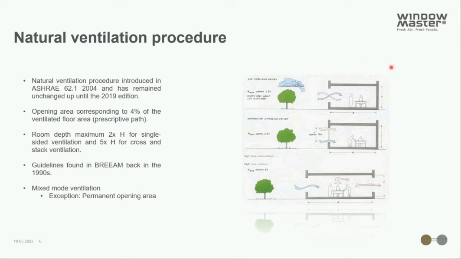So this doesn't take into account the ventilation strategy we're using. The depth of the room is based on whether you have single-sided or cross and stack ventilation. For a single-sided ventilated room, we can have a maximum depth of 2 times the room height, while for a cross or stack ventilated room, we can have 5 times the room height between the openings.